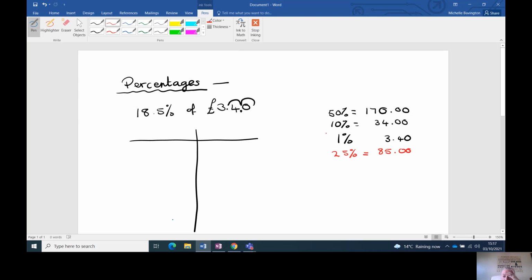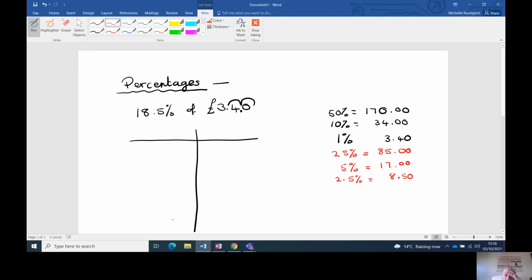I can find 5%, which is got to halve it, £17. I can find 2.5%, because it's half of that, which is £8.50.